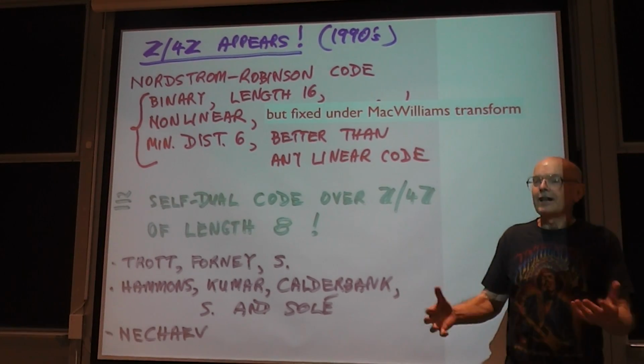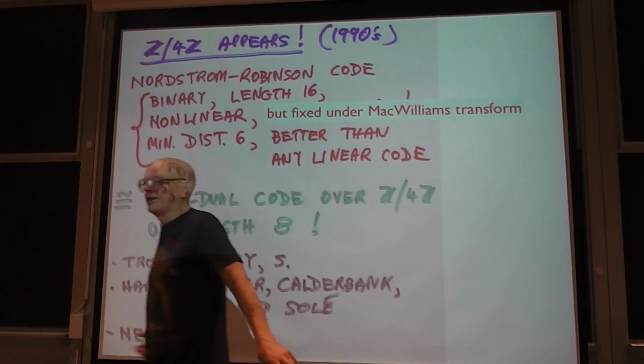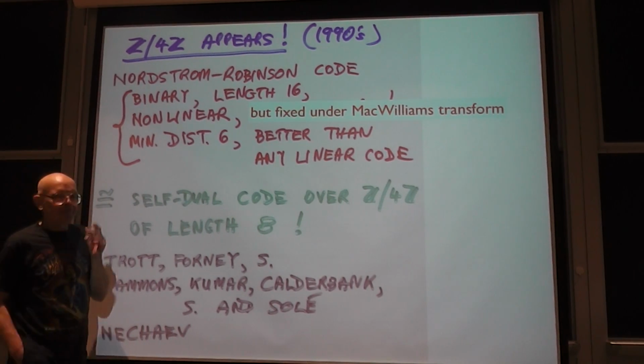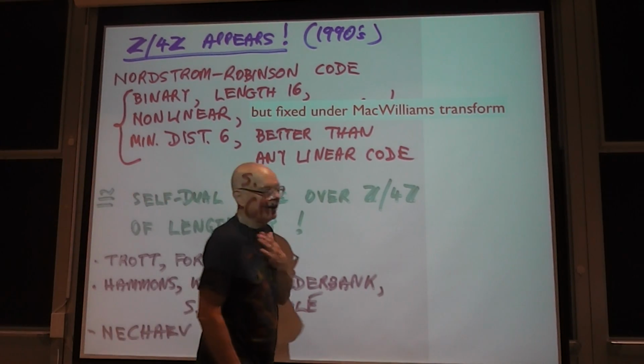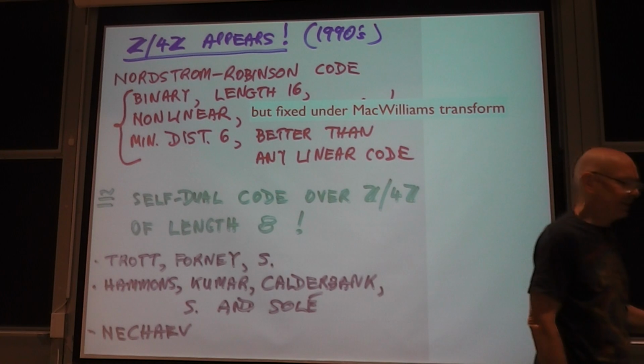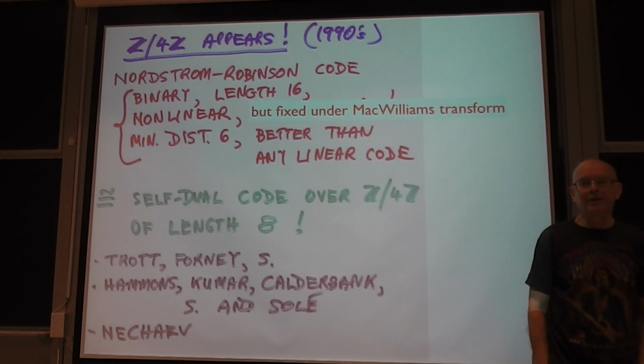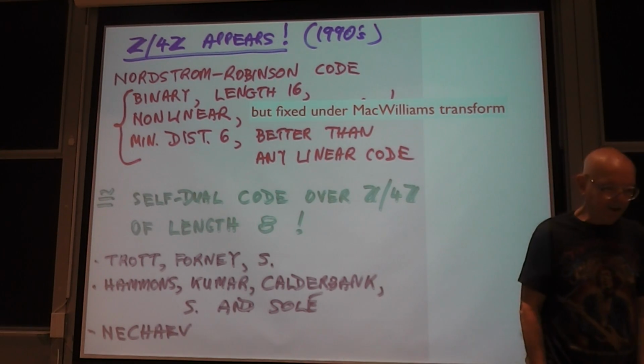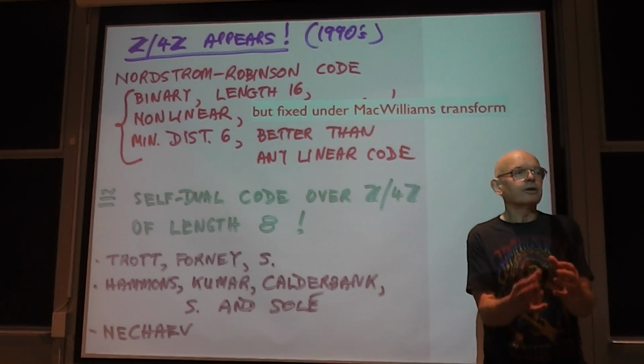Z4 appears. Classical coding theory was codes over fields. And there's a nice story. In the mid-1960s, John Robinson, from somewhere in the Midwest, was looking at optimal codes.